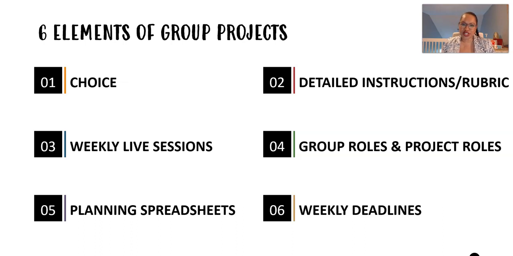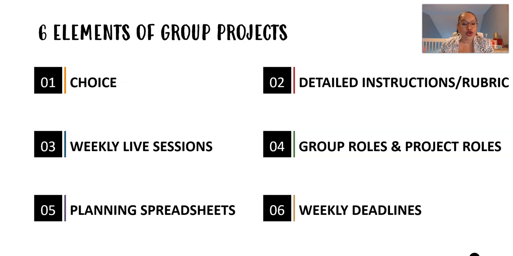And that leads us to weekly deadlines. Anytime you have students meet with groups online, you have to inspect or have them inspect what they expect. And that means that they need to break that project down into smaller parts. And they need to have deadlines set for those parts. And all the group members need to inspect those parts of the group project.